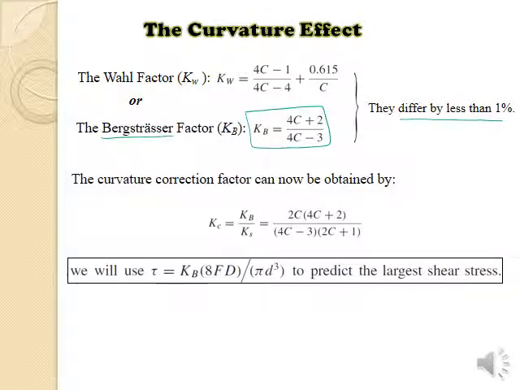So what is done is that we find a curvature correction factor by the ratio of the two, and we can use it as a curvature correction factor. We will use this equation, or we will use Kw 8FD over pi d cubed.